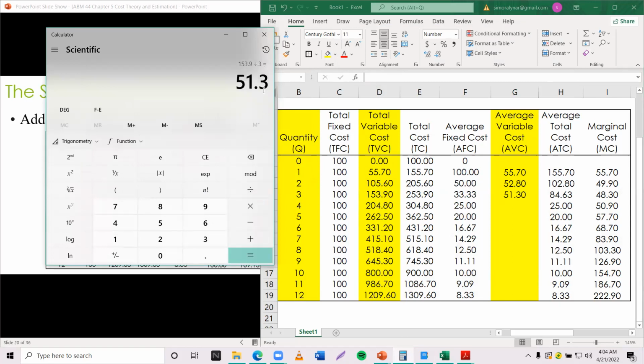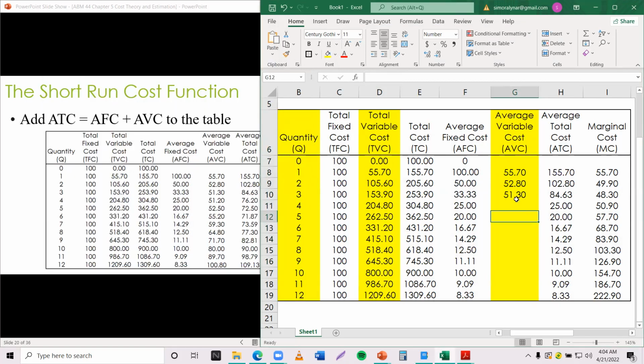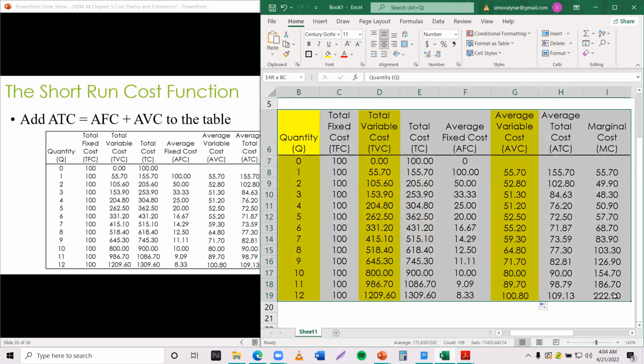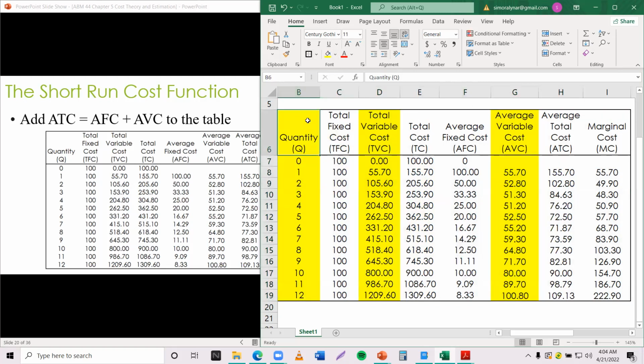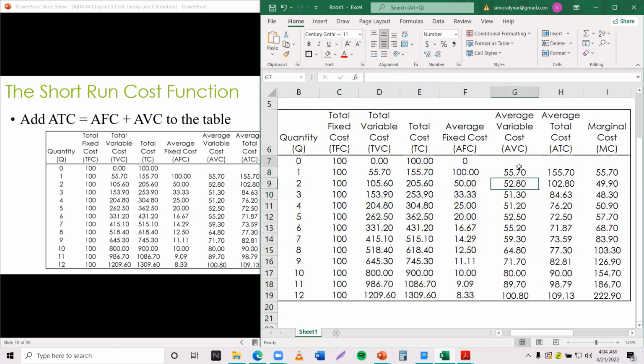So, that is 51.30. So, we are correct. I'm using Excel para mas dali siya ma-solve. So, and so on and so forth. You'll just use the TVC divide the quantity. So, you'll get those answers na dayon. As you can see here, ang average variable cost.